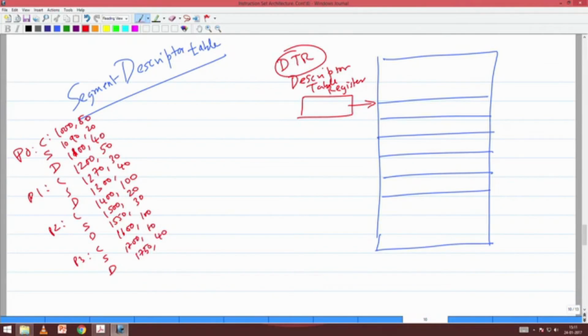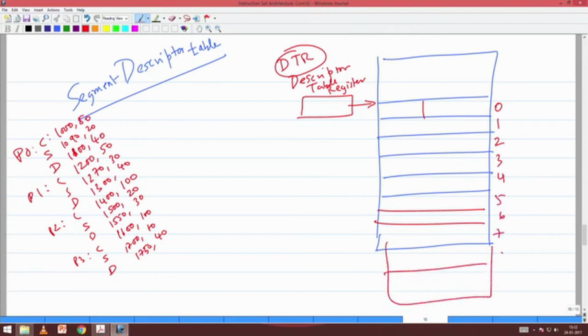So whenever the process P0 came into existence, the operating system allocates that memory in the segment descriptor table. What it means by allocating is that it will just put an entry. This descriptor table has several descriptors, so let me say 0, 1, 2, 3, 4, 5, 6, 7, 8, 9, so 9 descriptors.